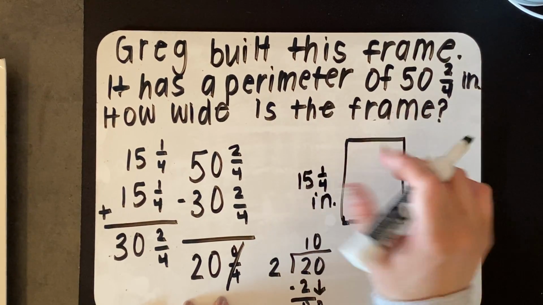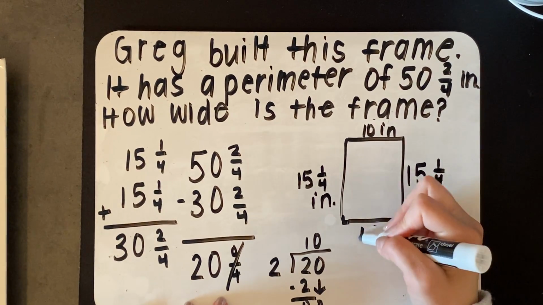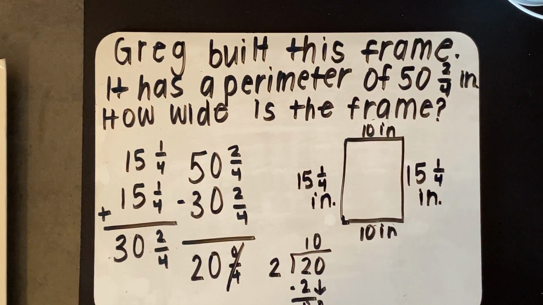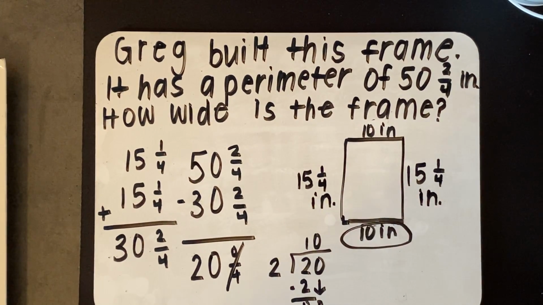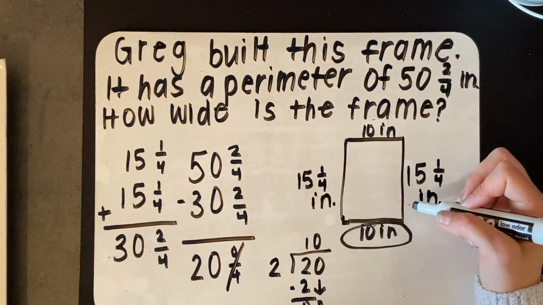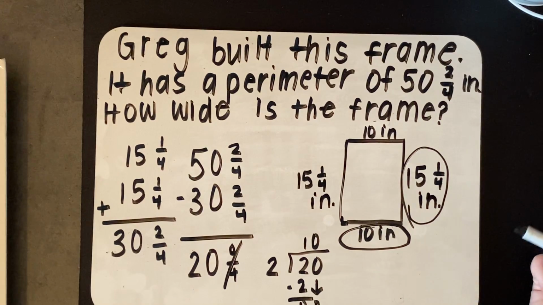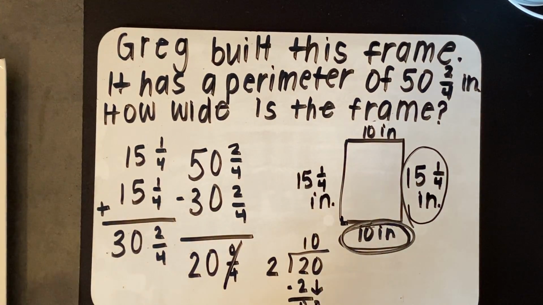So each of these side lengths is 10 inches. Now I can answer the question that says, how wide is the frame? Well, the frame is 10 inches wide, and if it was asking me about the height, it's 15 1/4 inches tall. So the answer to this question would be, it is 10 inches wide.